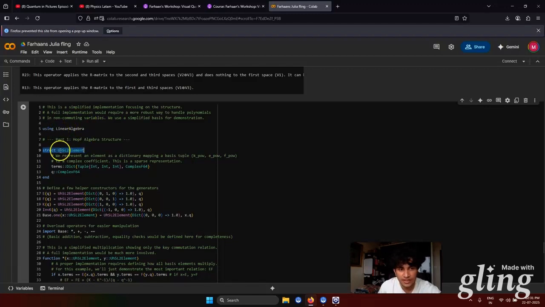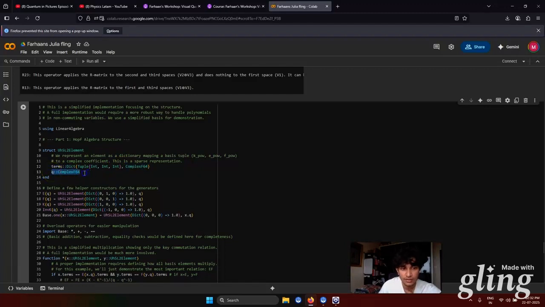So we define our group, an element in the group. What we want for each element is the number of k generators, the number of e generators, and the number of f generators, so that's why the power. We also want a sparse representation, so terms is a dictionary with a tuple containing 3 integers, 64-bit, and a 64-bit complex number.